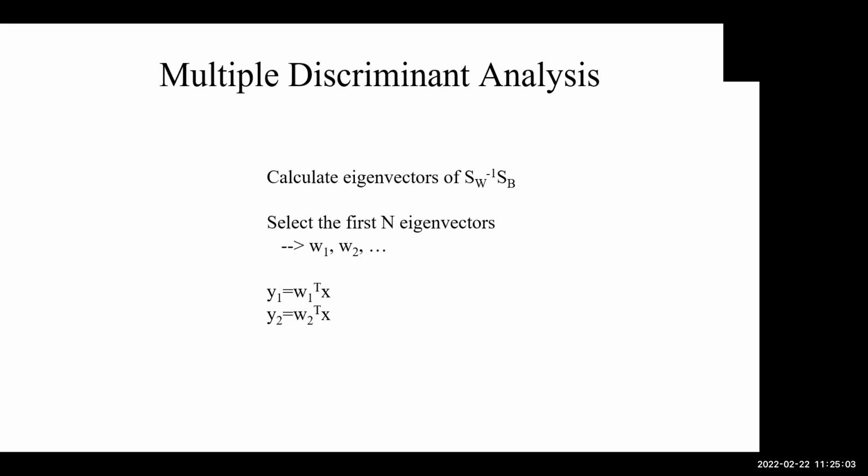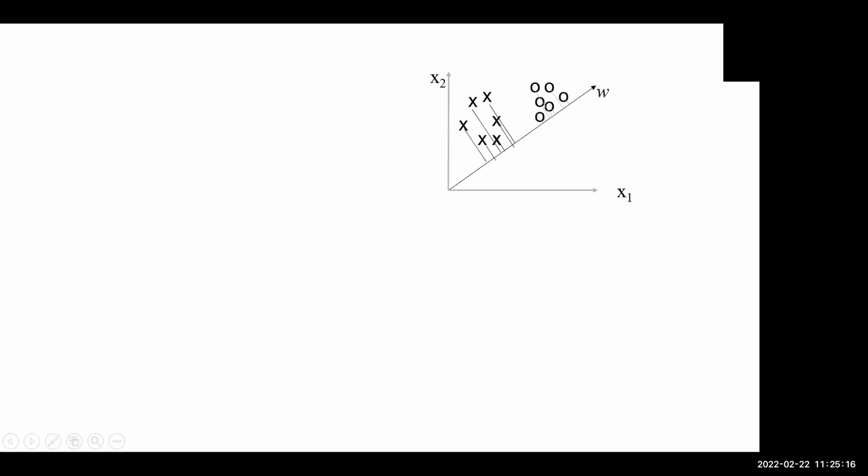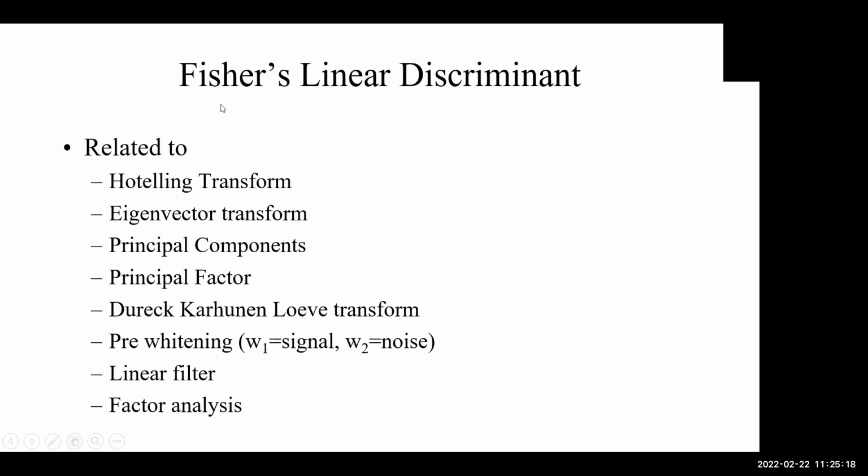Remington? That's where they get like the full analysis, like looking at all those combined. Yep. Principal components, Hotelling, eigenvectors, principal factor, all these different names are all the same thing.